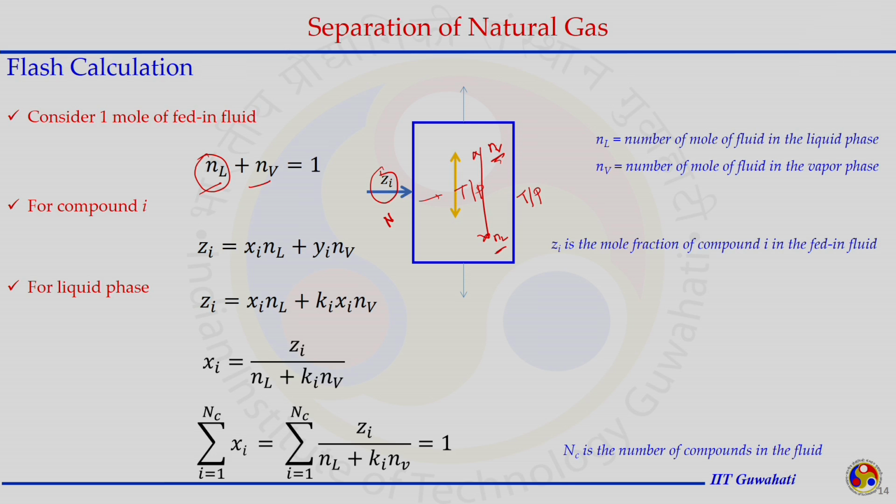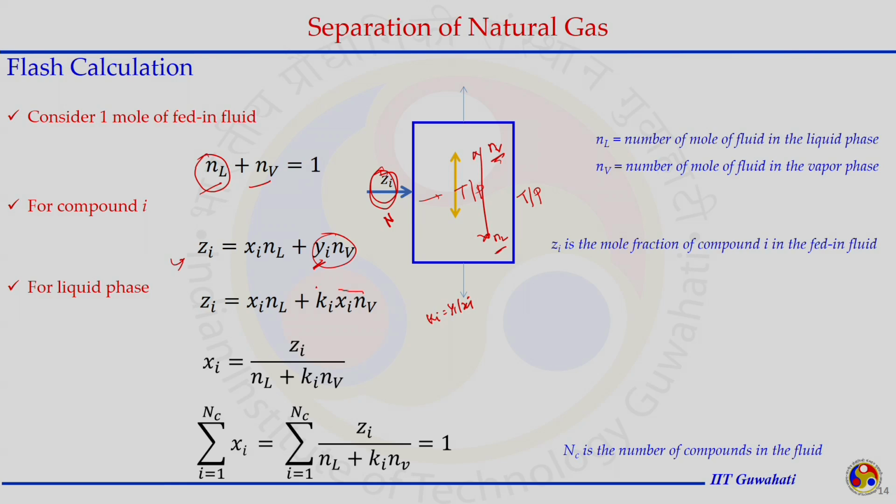For compound i, the number of moles in the liquid phase multiplied by the mole fraction of that component, Xi, will give us the total moles of that component in the liquid phase. Similarly it can be done for the vapor phase, and the summation of that component in the liquid phase and vapor phase will be equal to the moles of that component entering the separator. We can replace either Xi or Yi using the equilibrium ratio Ki equal to Yi by Xi.